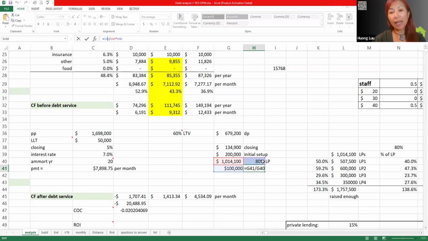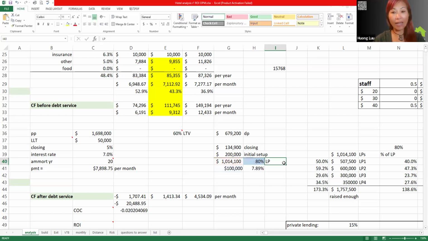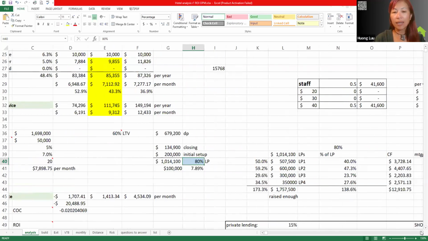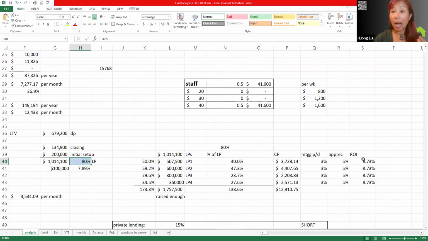I'm using 80% here. That's pretty high. Usually it's like 50-50, 60-40, 30-70. I have 80 here because I was running some examples and I wanted to see at what point it becomes attractive to a money partner coming in.